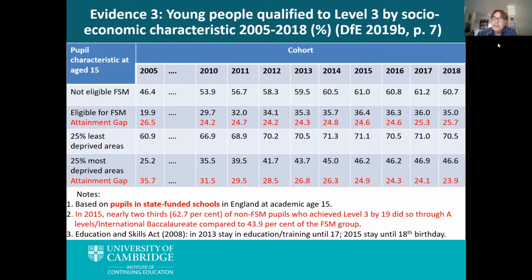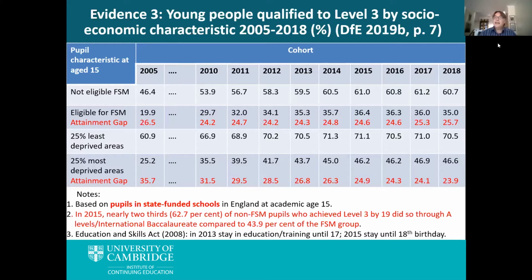But using this measure, and this is one the government seems to prefer and is readily available, we can see that the gap between those eligible for free school meals and those not eligible was 26.5% in 2005. And if we compare that to 2018, the gap is now 25.7%.